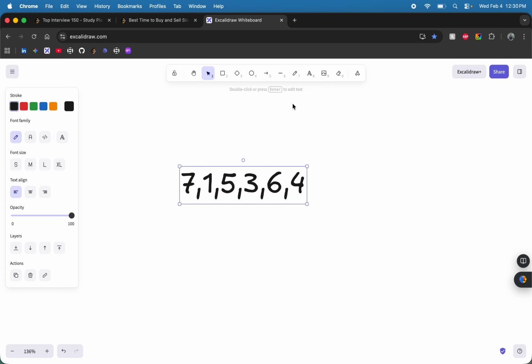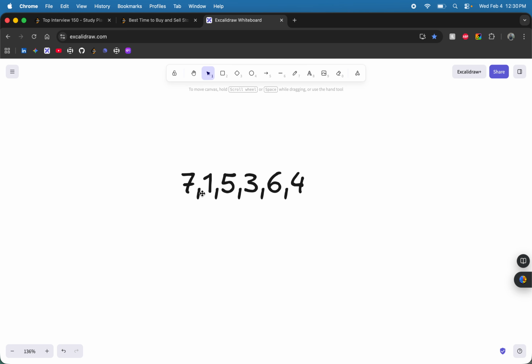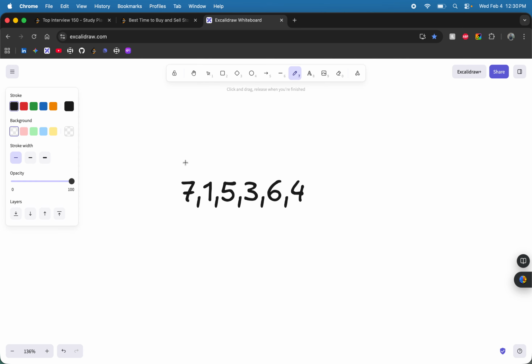Obviously we will only buy when we find that the price is lower than a price we previously encountered, and then we will only sell when the price is above the min price.